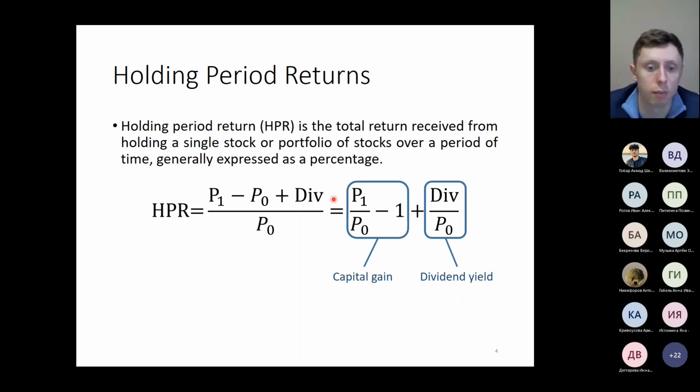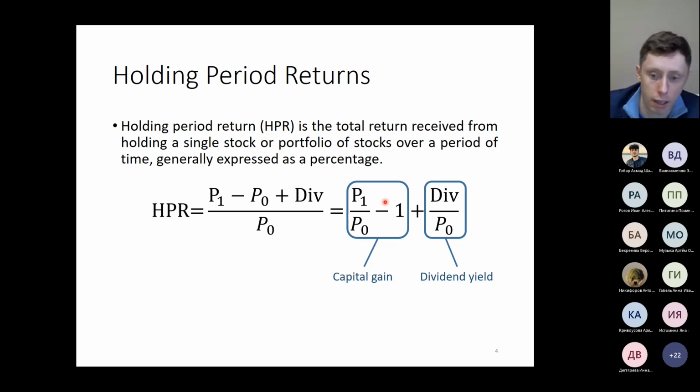It is relevant for any type of asset. In this case, we mean stocks, but instead of dividend, there can be a coupon, then it would be holding period return for the bond, or any other cash flow that we receive with this type of asset.